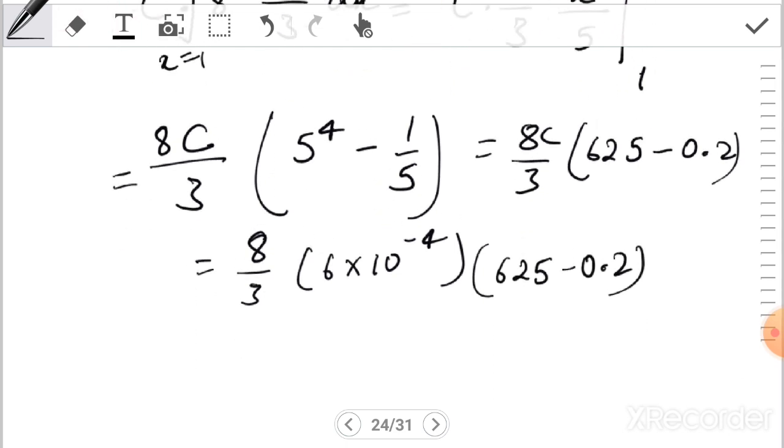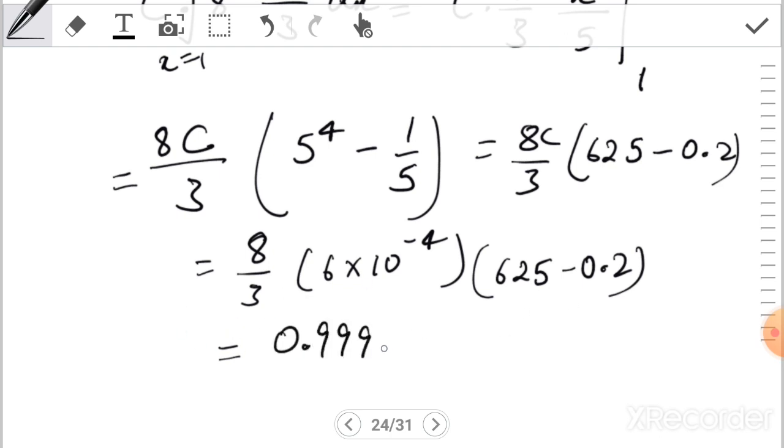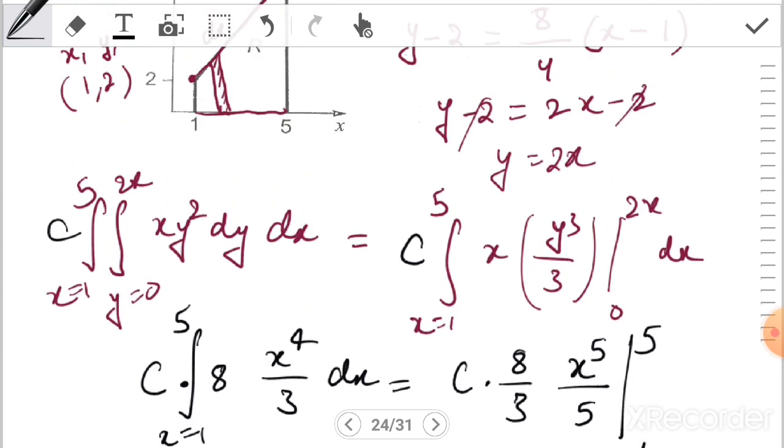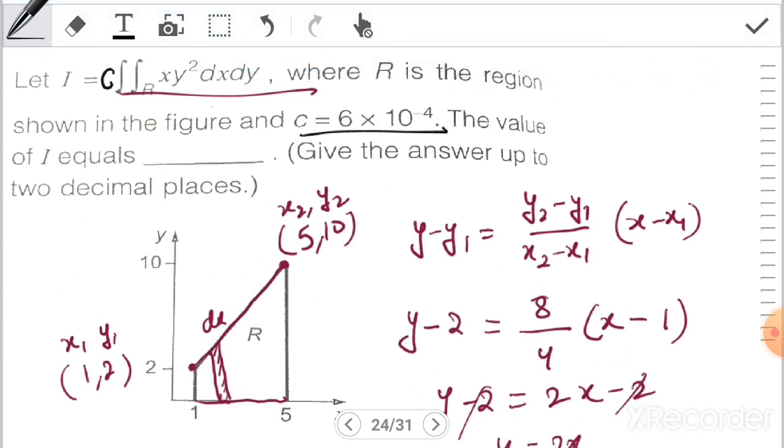So if you evaluate this, you will get 0.996. Okay, so up to 2 decimal places, the answer is 0.99. Okay, next problem.